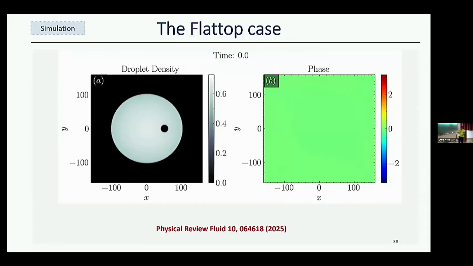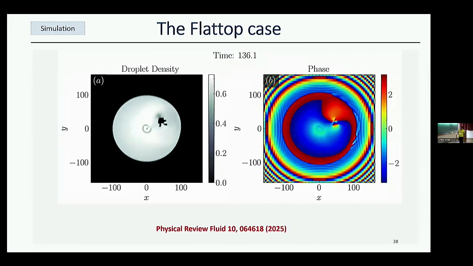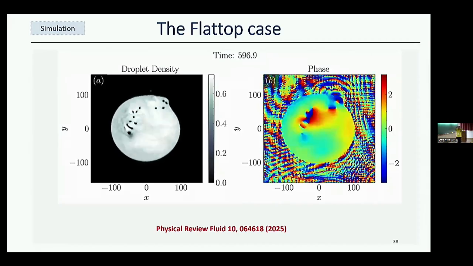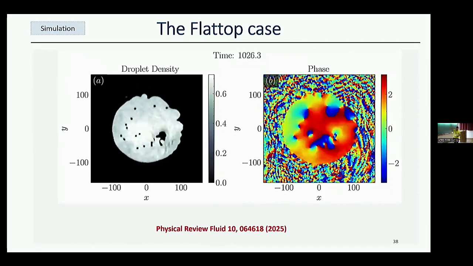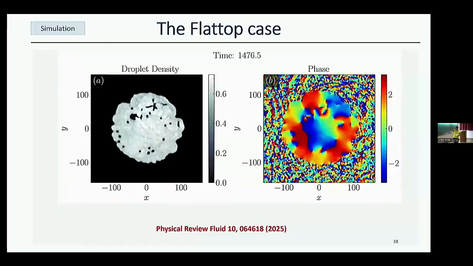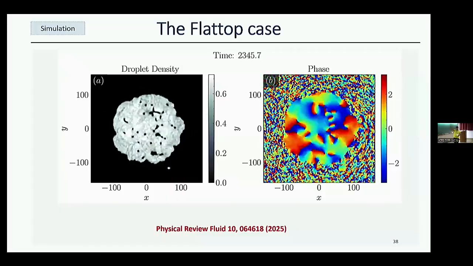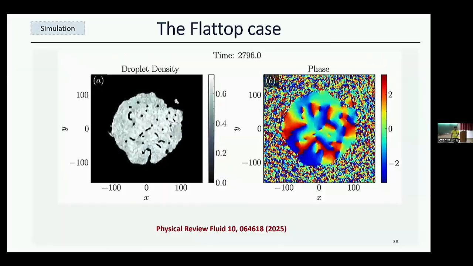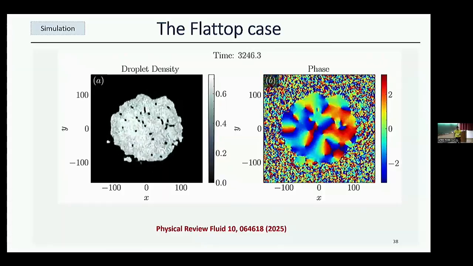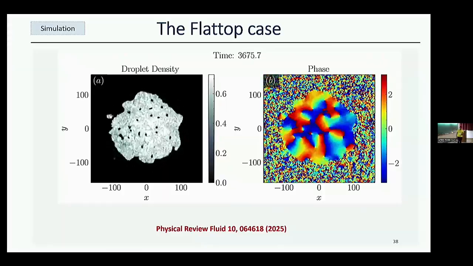Then we analyze the same thing for the bound state of the droplet. Interestingly, in this case the droplet is bound. So when we steer it, it is very difficult to generate vortices, as you can see, because of the highly incompressible nature of the ground state of the droplet, which is very close to a classical droplet.